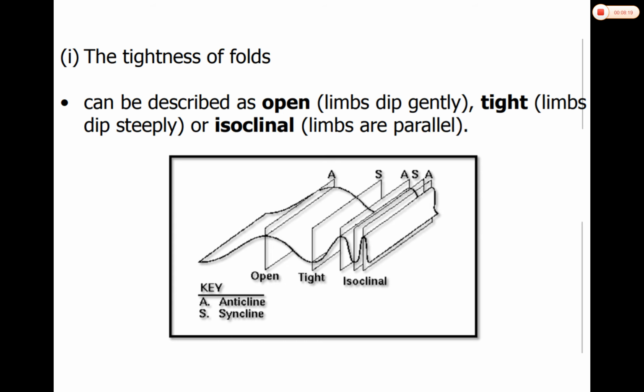Okay, the tightness of folds, we have the limb dips gently, the open. Okay, look here, its angle is bigger, compared with the tight. Okay, this one with this one, its angle is smaller, and isoclinal limbs are parallel. The limbs are parallel, the same.